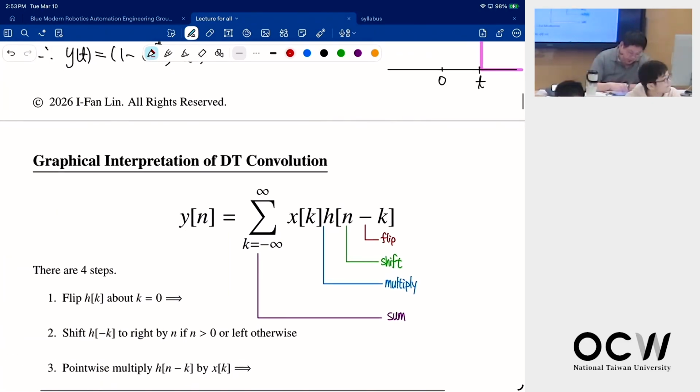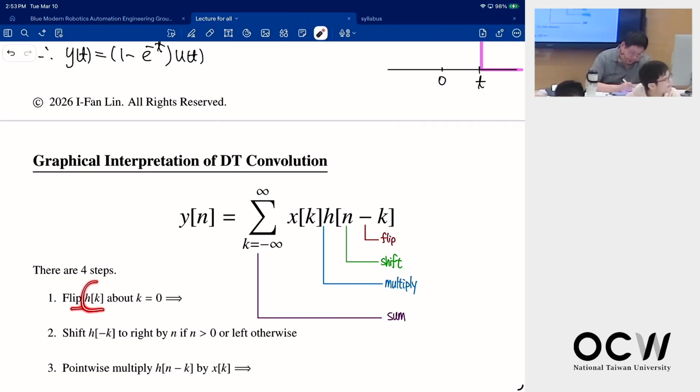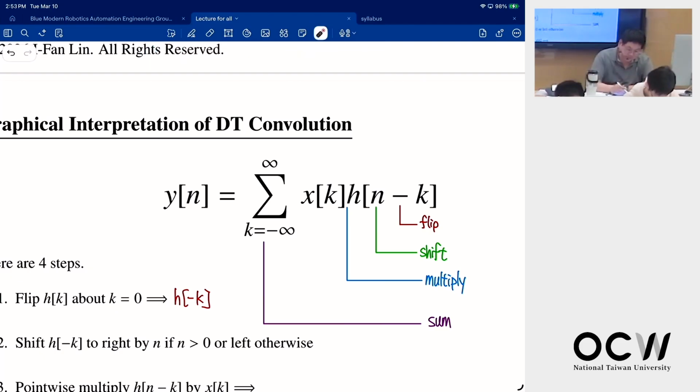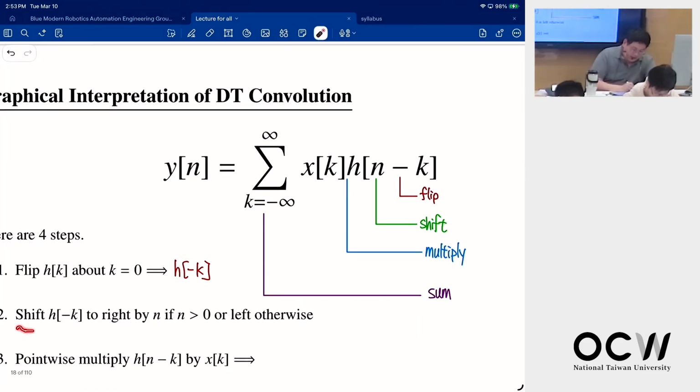So, first we flip h of k about k equals 0. So here we have h of minus k. And then you shift to the right by n if n is greater than 0, or left if n is less than 0. Okay, so you shift, then you do the point-wise multiply.